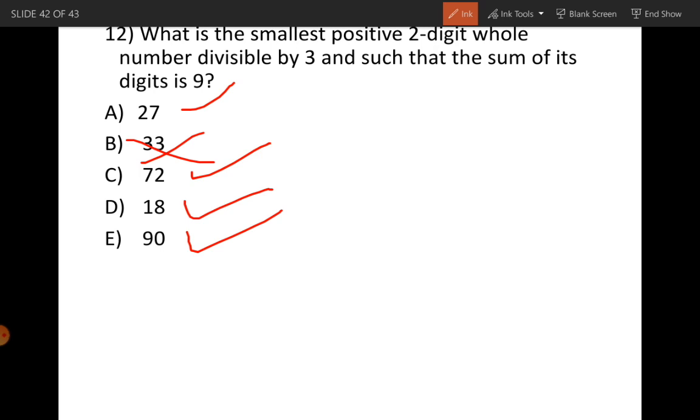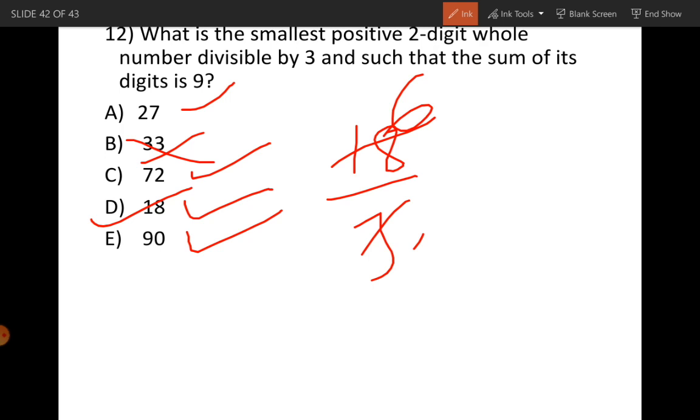The lowest number is 18. 18 is divisible by 3: 3 sixes are 18. So this is the lowest number, which is divisible by 3 and is 2-digit, and the sum of these 2 digits is 9. Without doing a divisibility test for the remaining ones, we can do it simply like this.